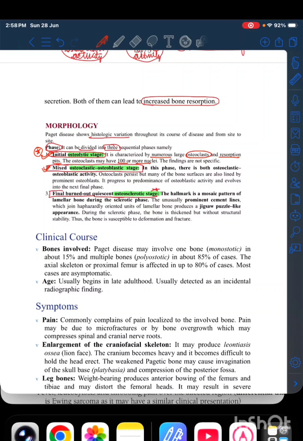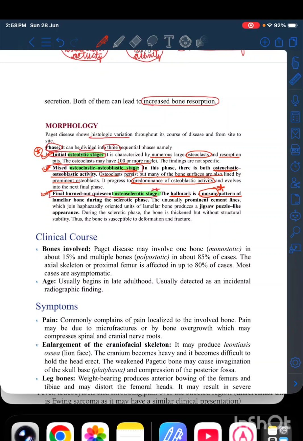Next is the osteoblastic stage. In this stage, there is both osteoclastic and osteoblastic activity. Many of the bone surfaces are lined by prominent osteoblasts. It progresses to predominance of osteoblastic activity. Next is the final burned out quiescent osteosclerotic phase. The hallmark is a mosaic pattern. This is very important.